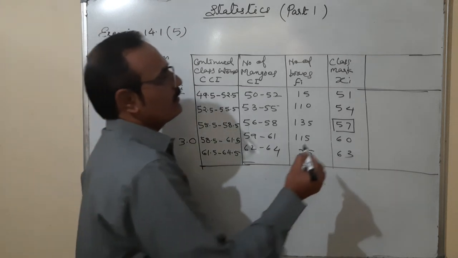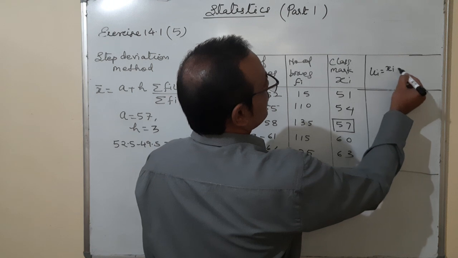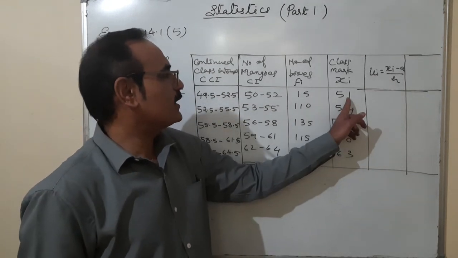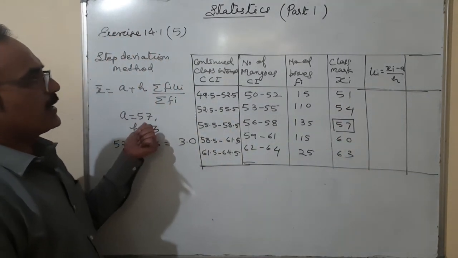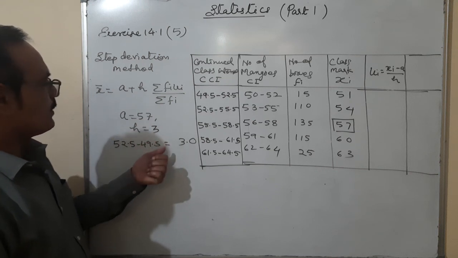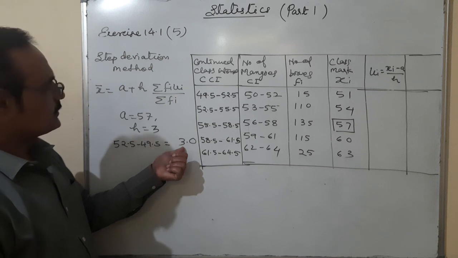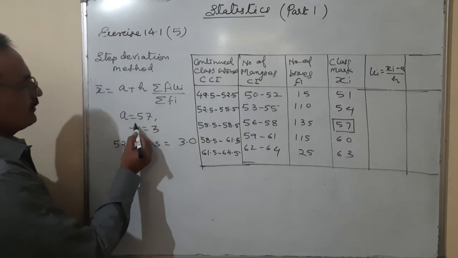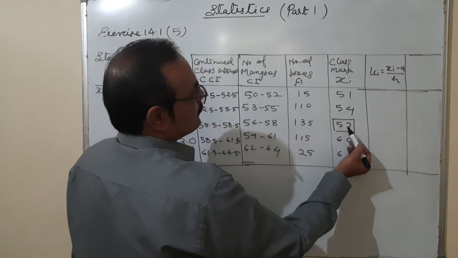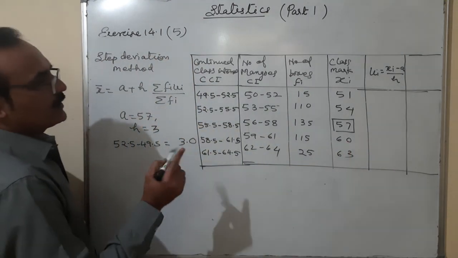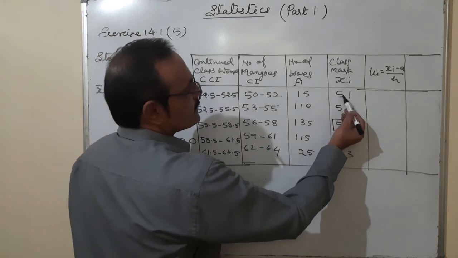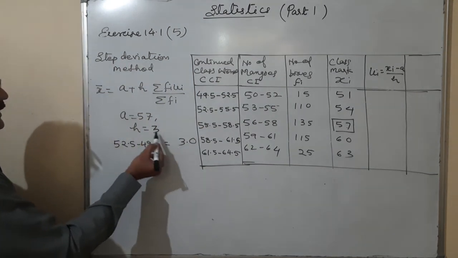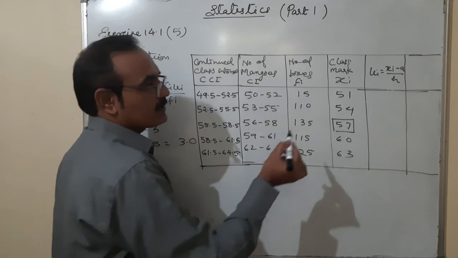Ui is equal to Xi minus A upon h. Xi 51 minus A 57 is minus 6, and minus 6 upon h, 3, is minus 2.